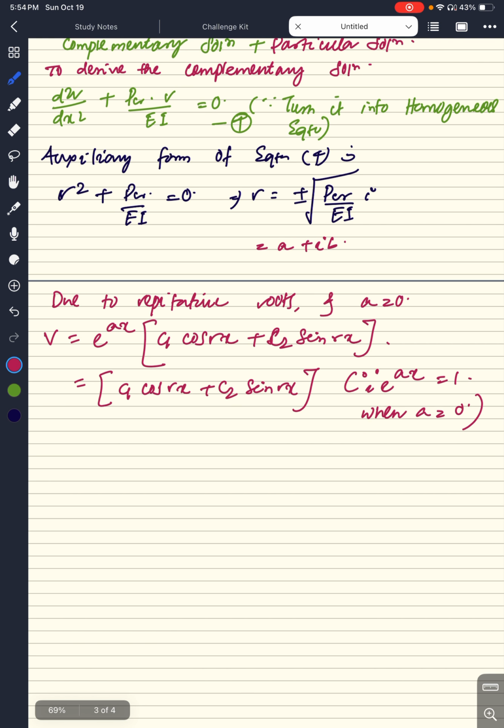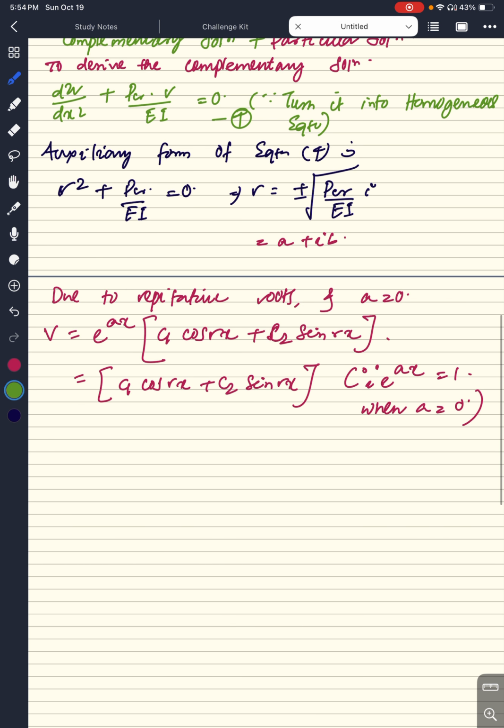Now we got the expression for the complementary solution. So we name it as equation 5.